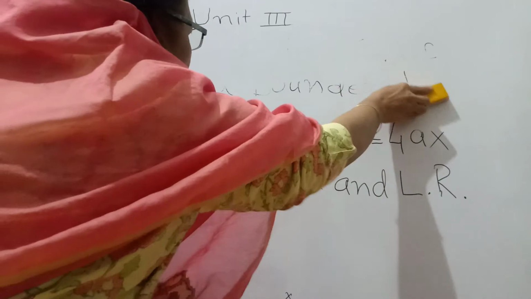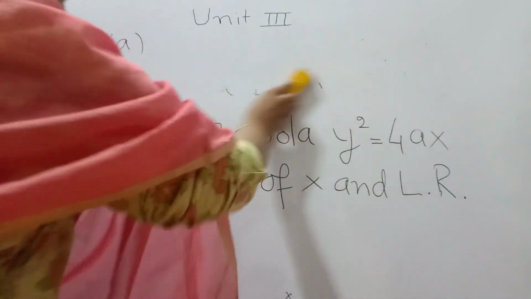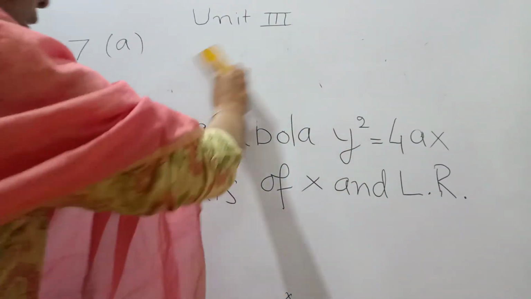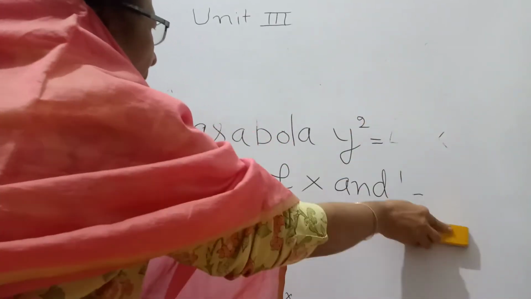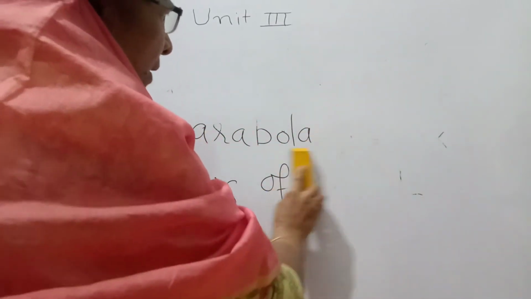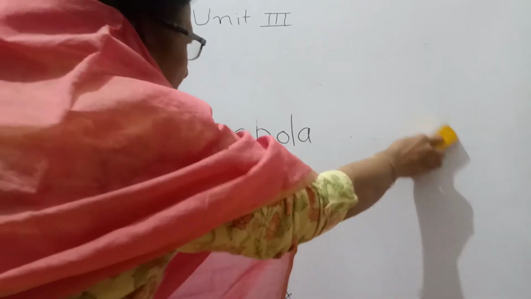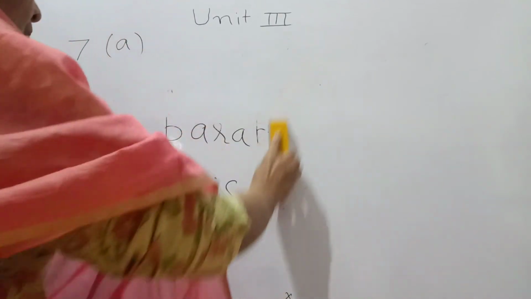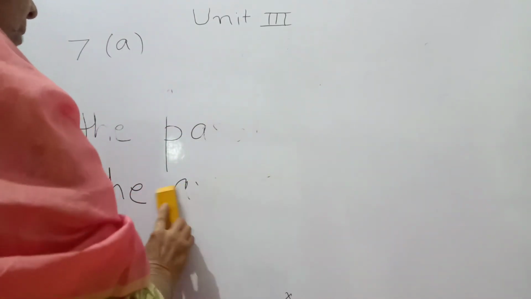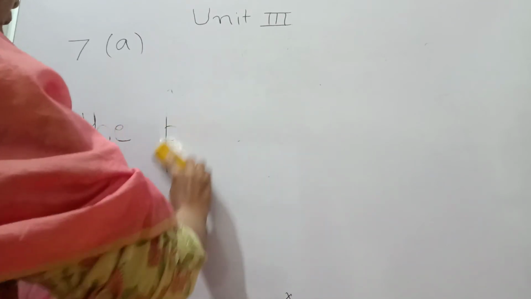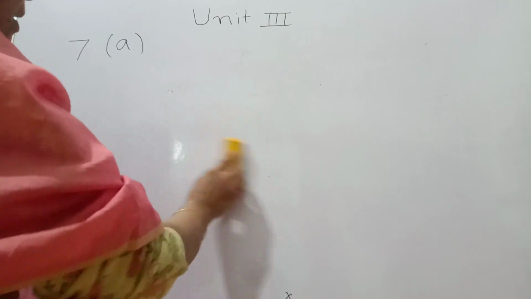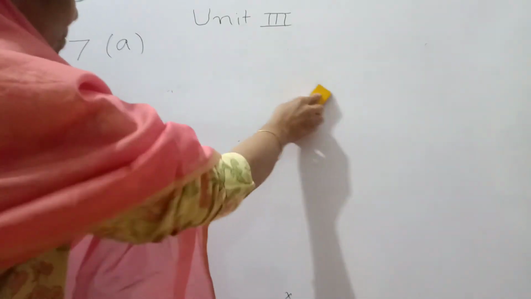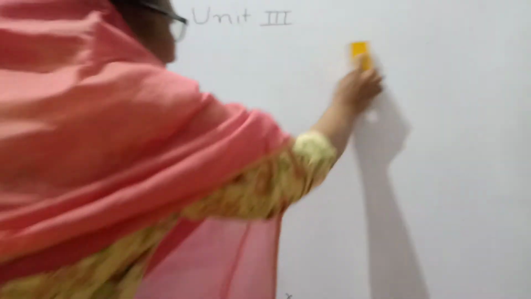So the first thing, you will draw the figure. Figure is very simple. A simple parabola is given, y square is equal to 4ax. So this is a simple parabola. You have to draw on this plane of the blackboard or your plane of the copy.